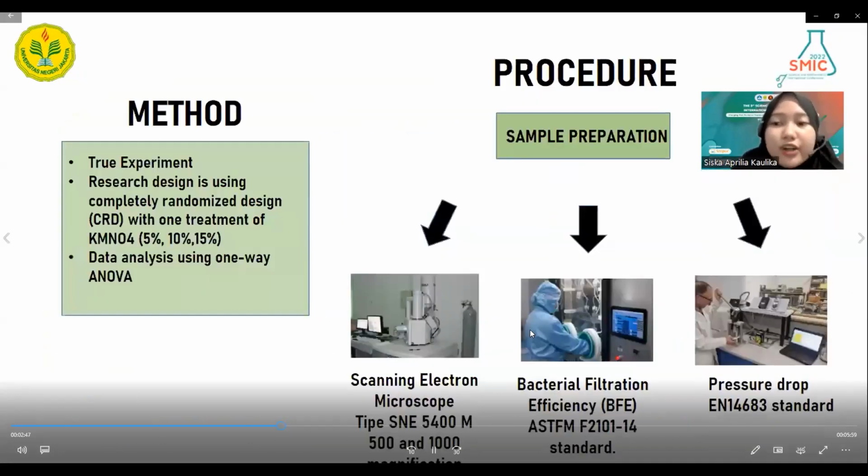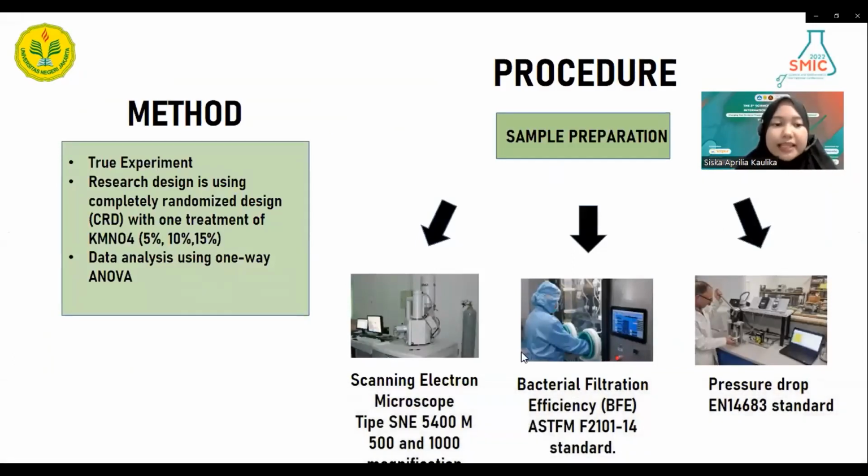The method of this research is a true experiment, and the research design is a completely randomized design with one treatment of potassium permanganate with concentrations of 5%, 10%, and 15%. The data is analyzed with one-way ANOVA. And this is the procedure of this research.